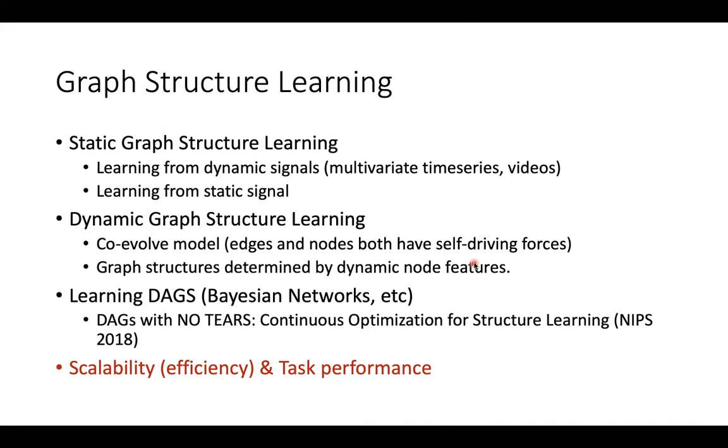The state has a number of cases and deaths which will evolve as node features, and the edge can be the mobility between pairs of states, but such mobility is not totally determined by the node features. Even without COVID-19, such mobility may still exist. So that means that the nodes and the edges are both self-driven and also influenced by each other.